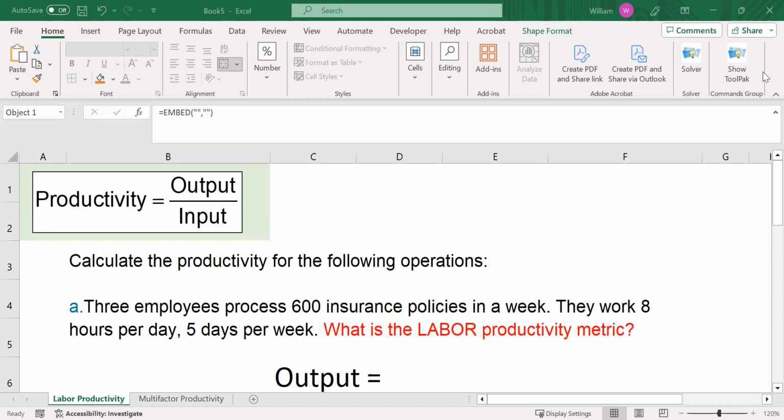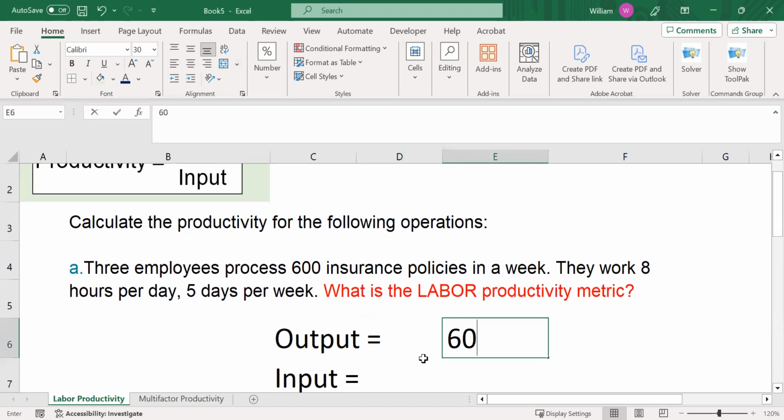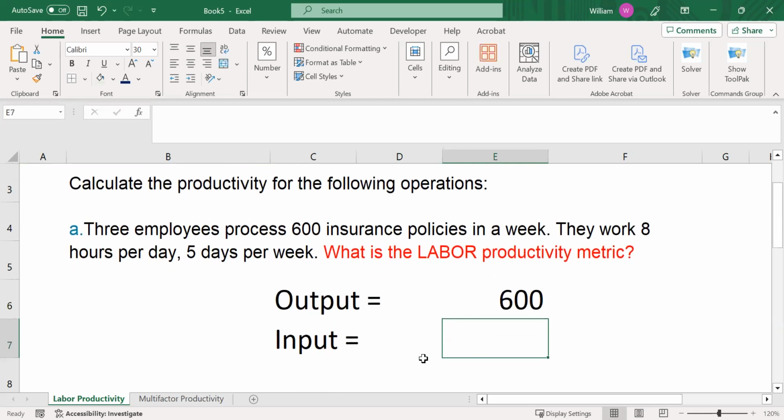Very basic. Okay. So output in this case here is that this company was generating insurance policies, and these employees made a total of 600, or drafted 600 insurance policies in a week. Now, our input here is that we have 3 employees.